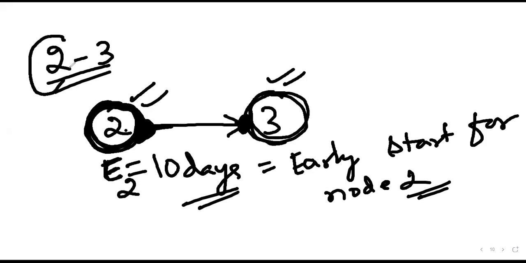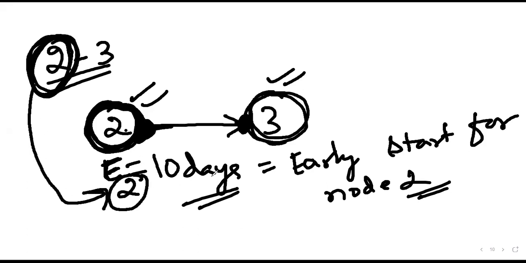We have to see what the starting point is. The starting point will be here, the first digit, and the same number has to be written here. The rest of the steps you can follow by yourself.